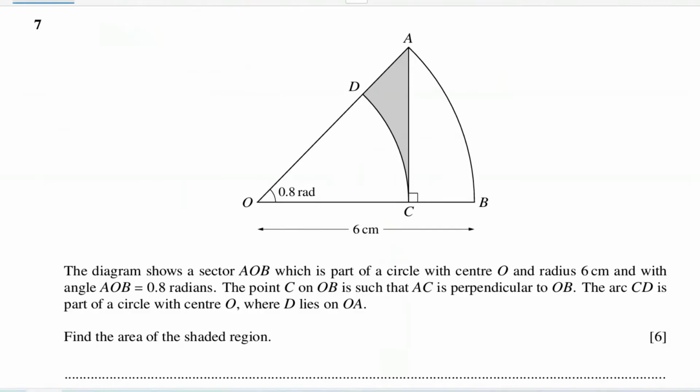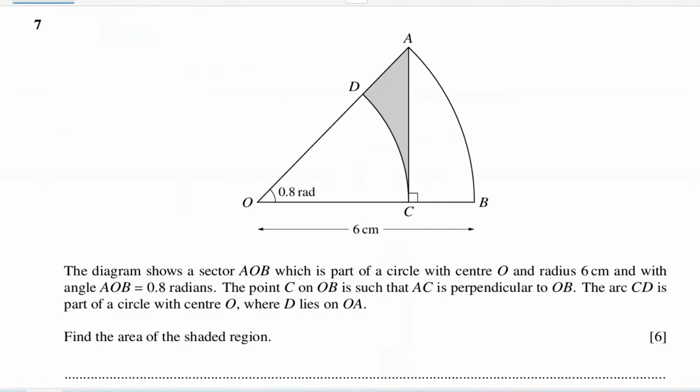So the value of OB is given as 6 centimeter. So that is the radius of the circle. And OC we need to find out, which is the radius of the smaller circle. So we need to find the area of the shaded region.